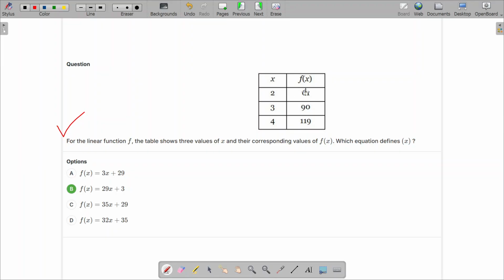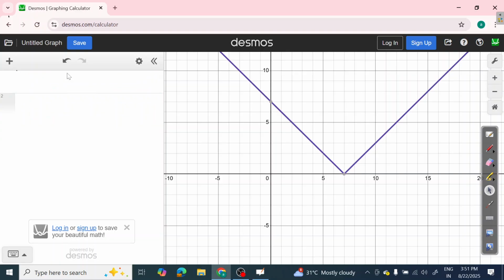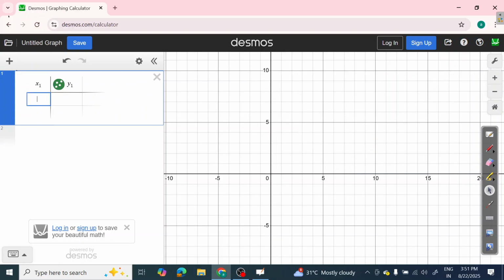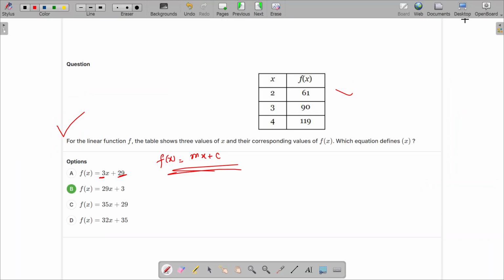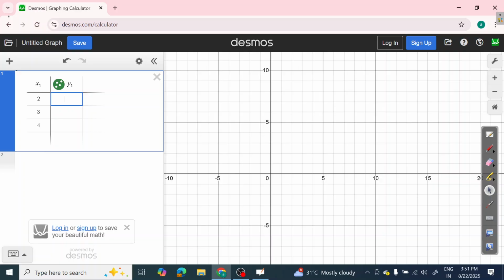Either you can use regression on this. Let's try doing regression, because here two things are unknowns. It is given in the form of f of x equals mx plus c. I'll find what is m, what is c. Let's do it. 2, 3, 4. Let's read out the y part, which is 61, 90 and 119.